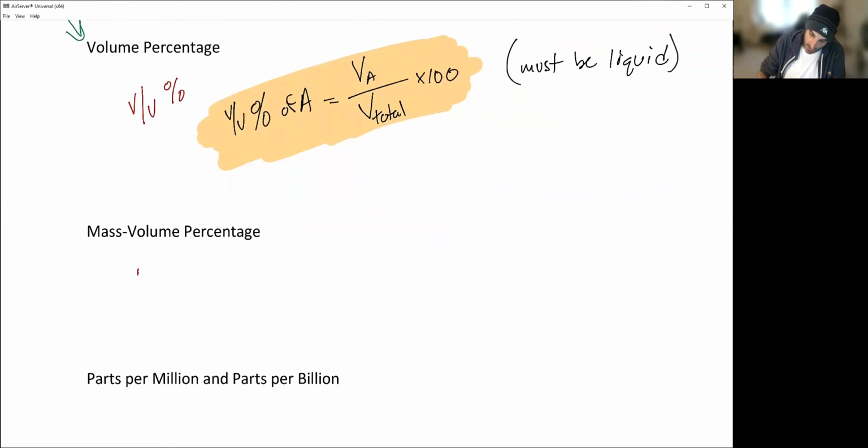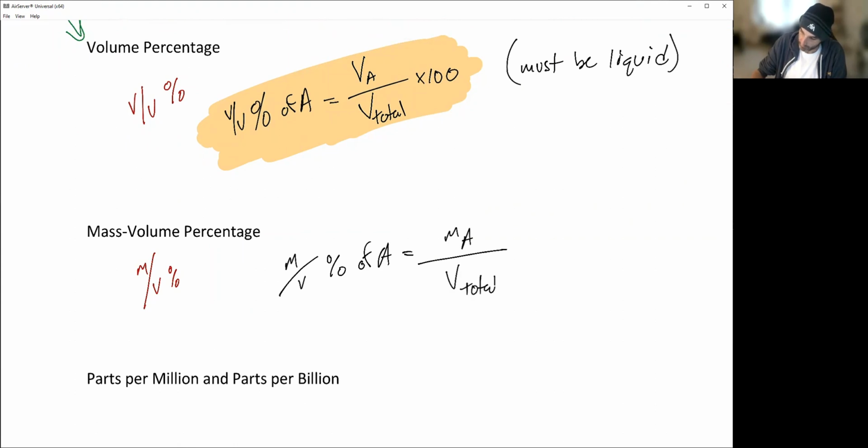This last one is used a decent amount, mass volume percentage, and that is exactly what you would imagine it is. The mass percent of substance A equals the mass of A over the total volume times 100. This allows you to look at a solid in a liquid.